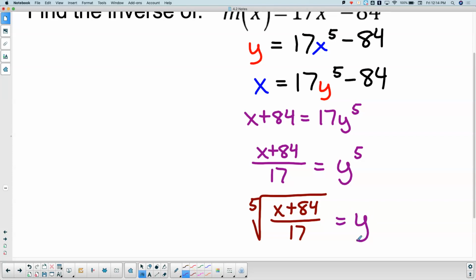Then what? Put the inverse of the function. But it's not f, it's m of x. So m to the negative 1 of x equals that. The inverse of m.